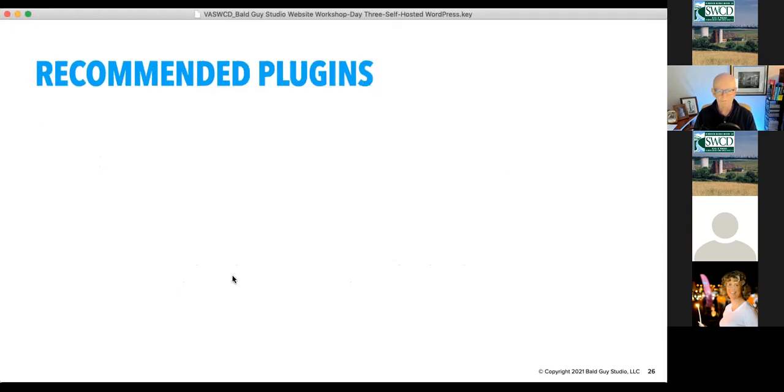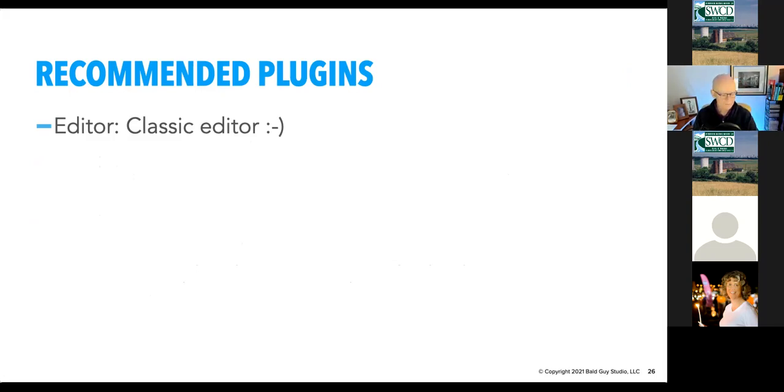So let's run down a list of some of the recommended plugins. I put a smiley face on this one because I'm still not apt to move over to the Gutenberg or the block builder that we talked about last time on WordPress.com. It may be forced on us to a certain extent, but I can't imagine that WordPress would actually do that to us.